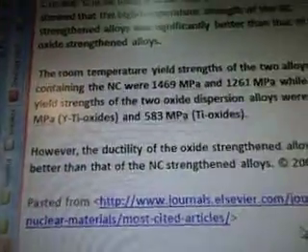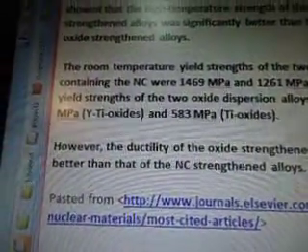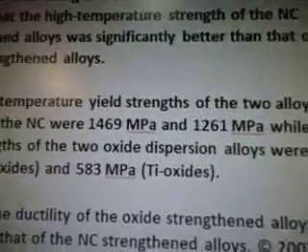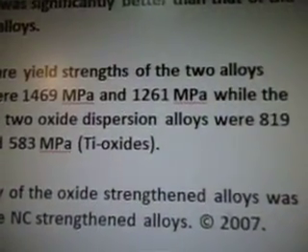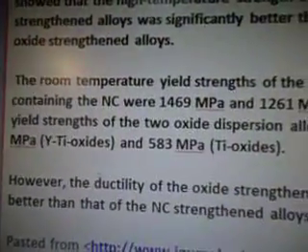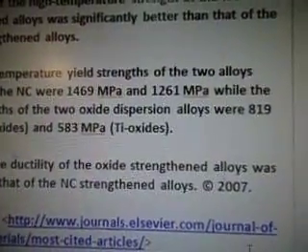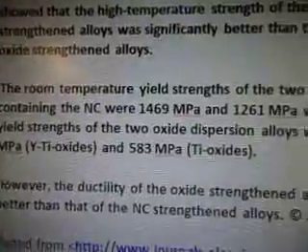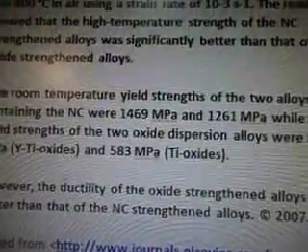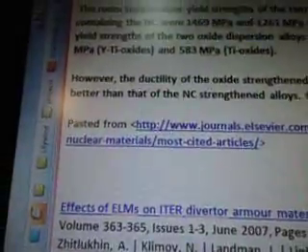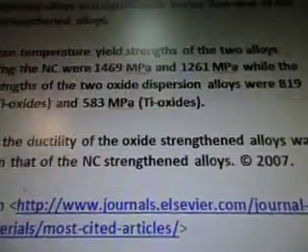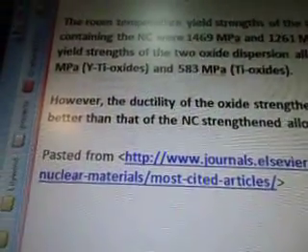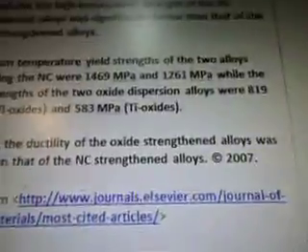The room temperature yield strengths of the two alloys containing the NC were 1469 MPa and 1261 MPa, while the yield strengths of the two oxide dispersion alloys were 819 MPa Y-Ti oxides and 583 MPa Ti oxides. However, the ductility of the oxide strengthened alloys was better than that of the NC strengthened alloys, 2007.